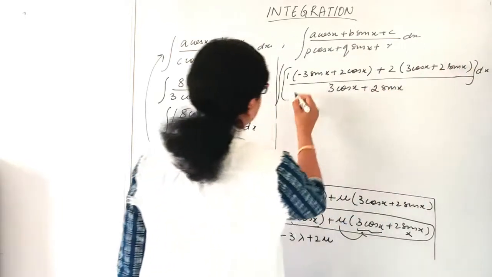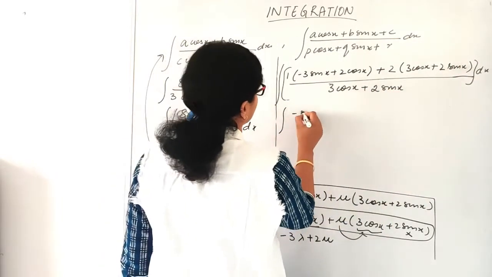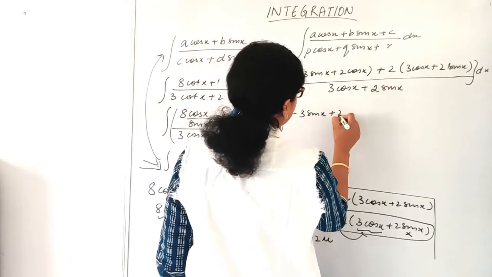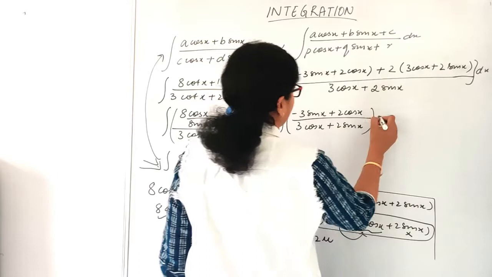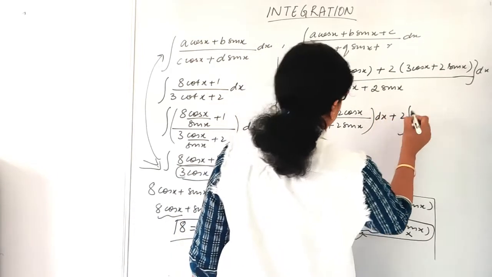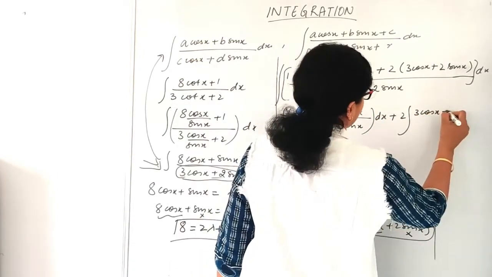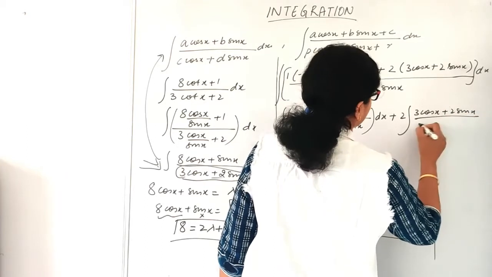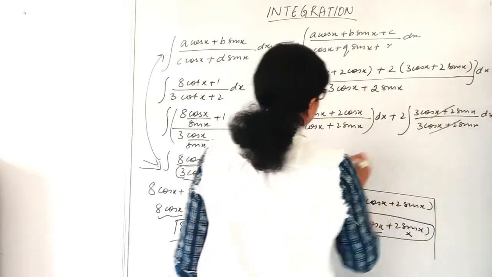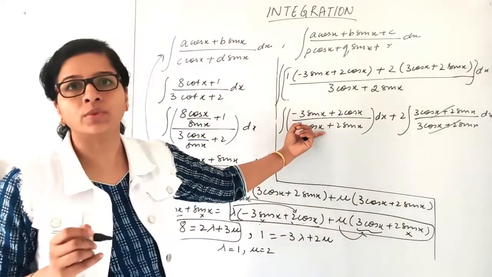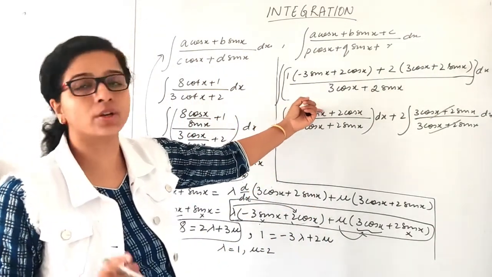Now let us separate our integrands. So the integral of (minus 3 sin x + 2 cos x) upon (3 cos x + 2 sin x) dx plus, write 2 outside, (3 cos x + 2 sin x) upon (3 cos x + 2 sin x) dx. Now if you assume the denominator as t, in the numerator you have the differential.